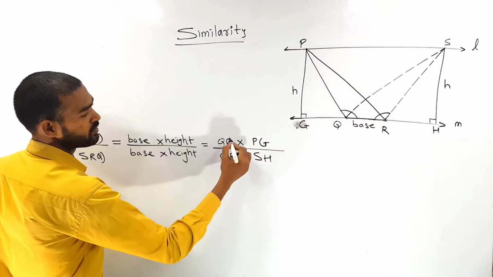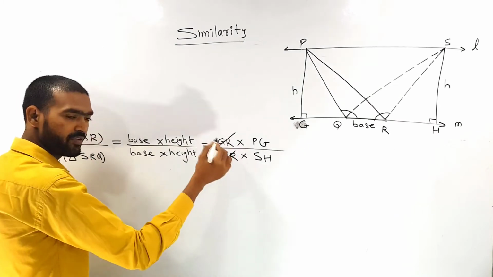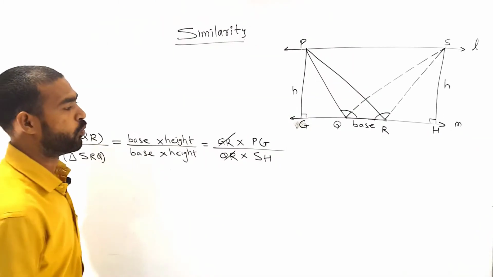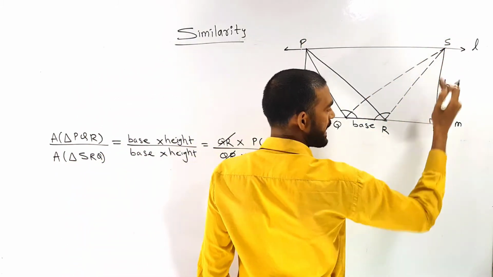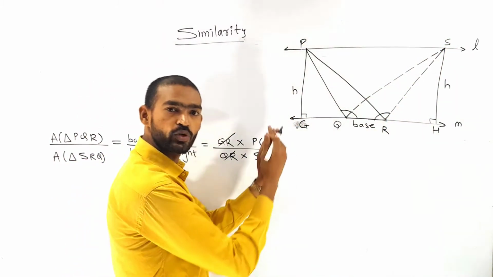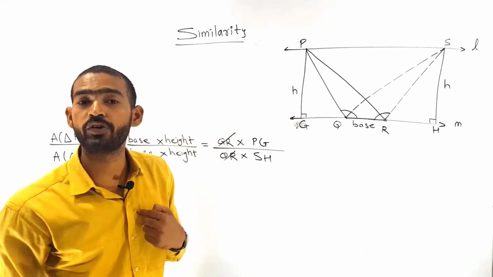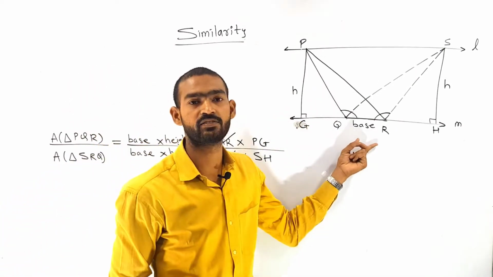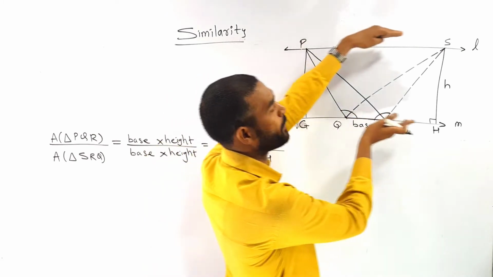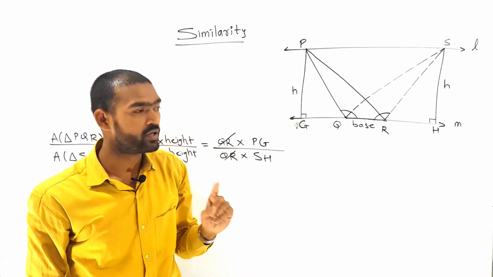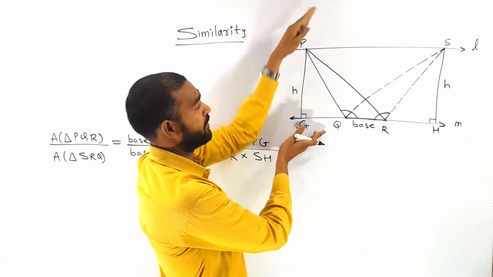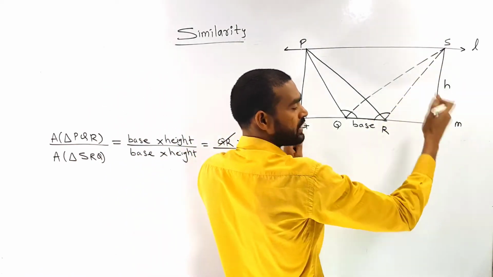Now QR will easily get cancelled. What about their heights? PG and SH are the heights of two different triangles. But what do we know? Both the triangles are inside the two parallel lines. And students, always remember, parallel lines will have exactly equal distance.